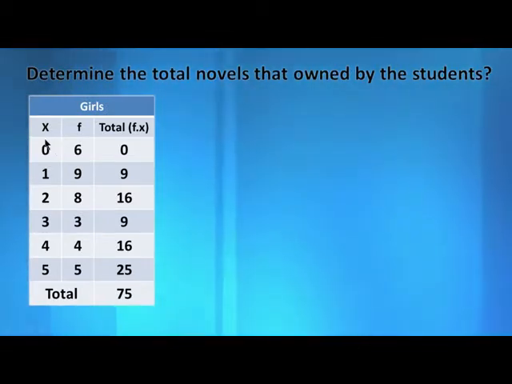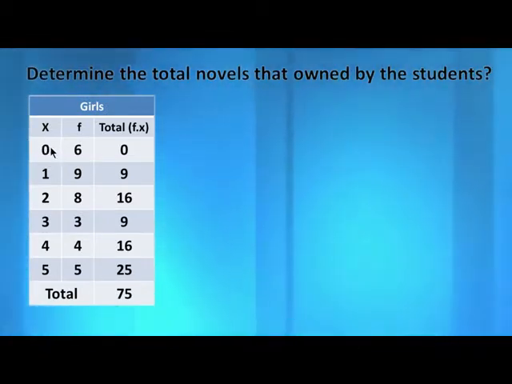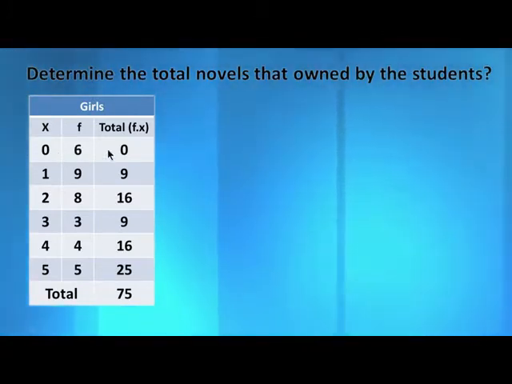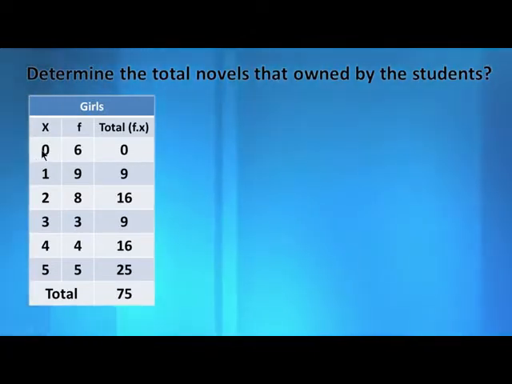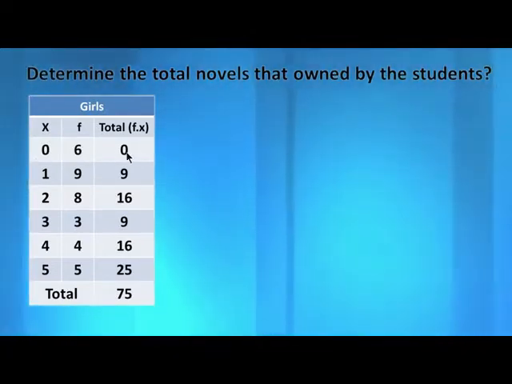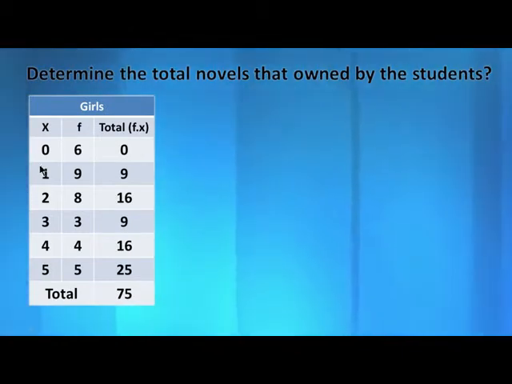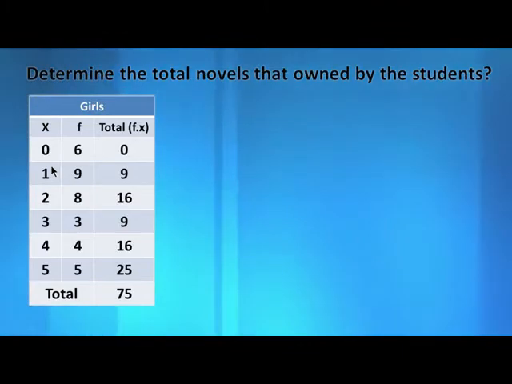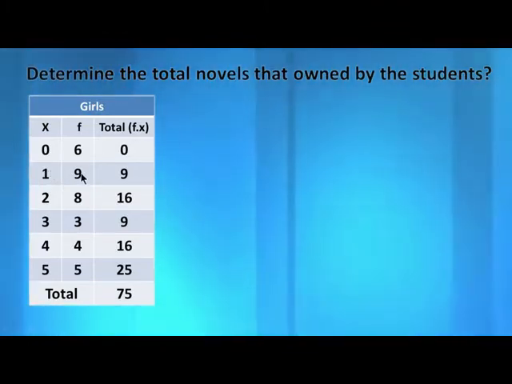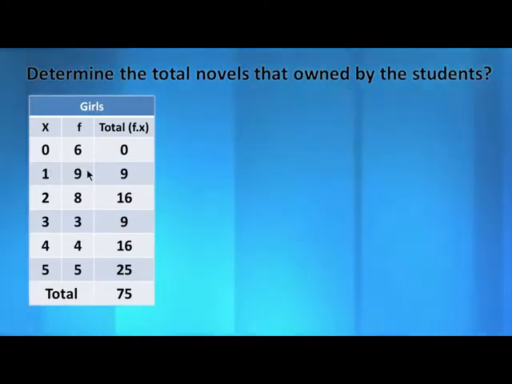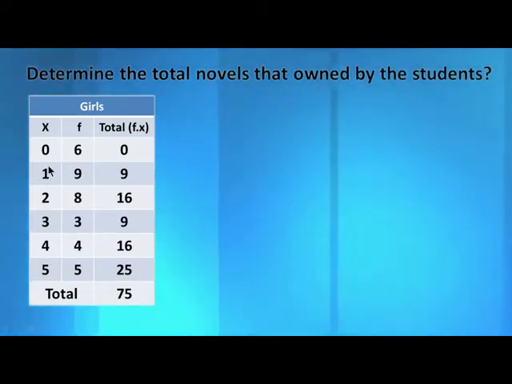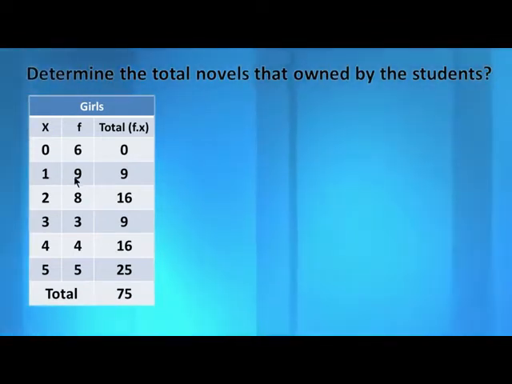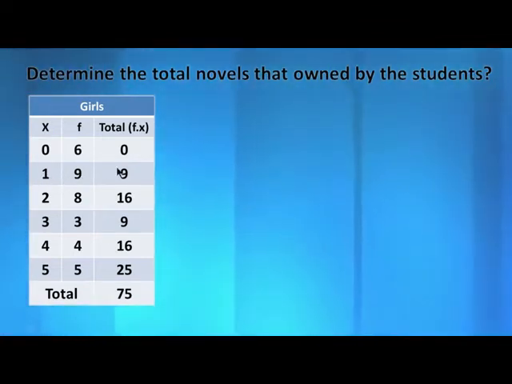The students that have 0 novels number 6. You multiply 0 and 6, you get 0. There are 9 girls that own one novel. It means each of the 9 girls has one novel, so the total novels is 9 times 1, equal to 9.